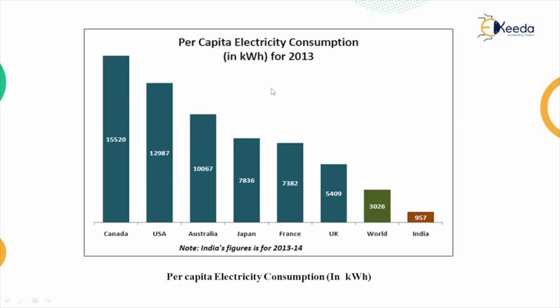Now, per capita electricity consumption in kilowatt hours. I already told you that 1 unit is equal to 1 kilowatt hour.